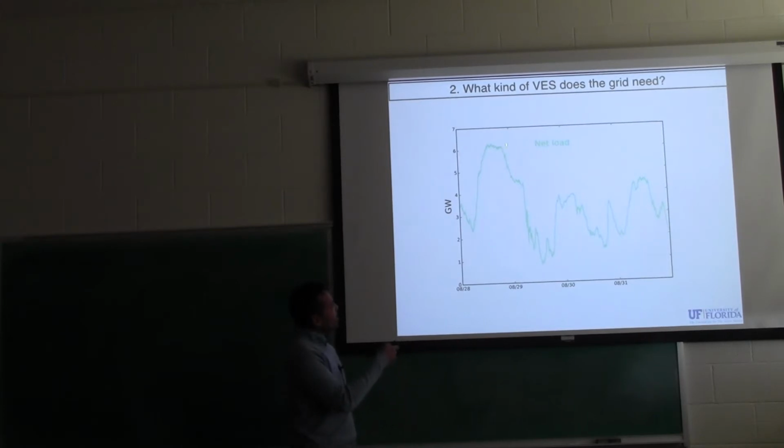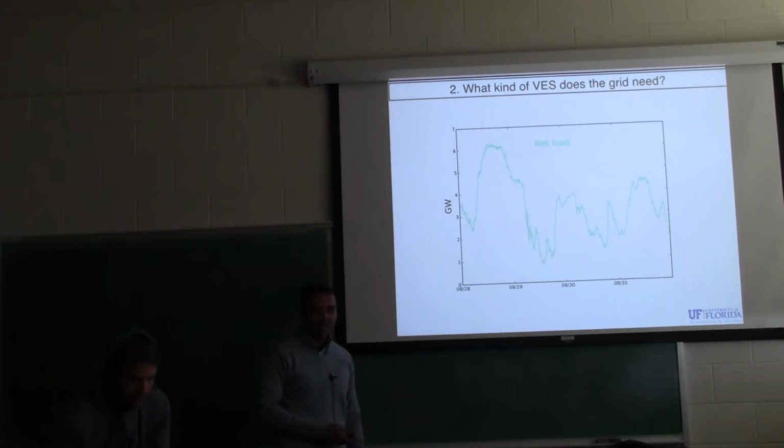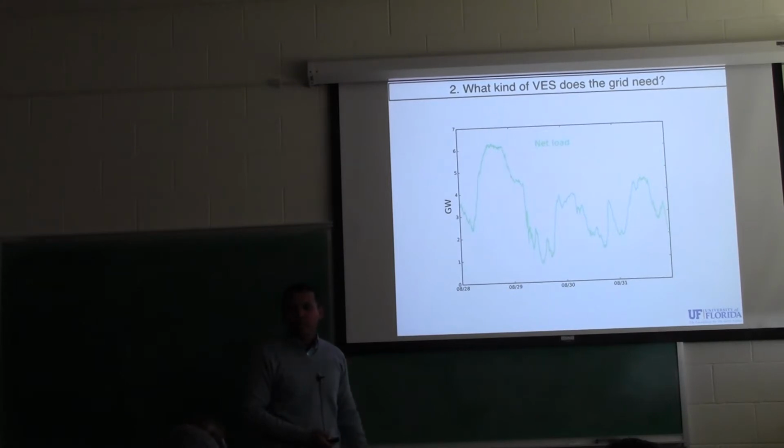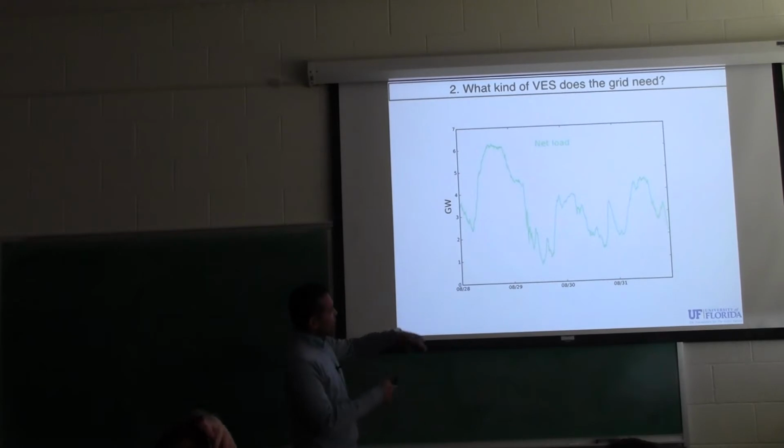And right now, generators cannot provide this because you see these very high frequency changes, like August 29th and 30th, within a couple of hours, or this one, within a couple of hours, it went from 2 gigawatts to 6 gigawatts, 4 gigawatts. That's like 3 large nuclear power plants. Turn them on in 2 hours. Cannot do that, right?